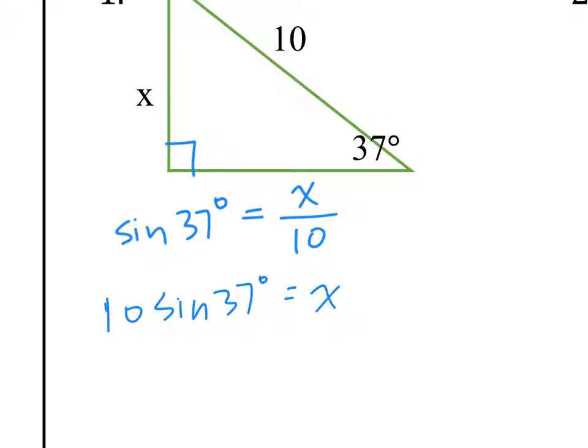Hopefully, you'll realize that the number doesn't make much sense with your triangle, but sometimes it's very close, so double check. 10 sine 37 degrees. Okay, what's your number? 6.02.